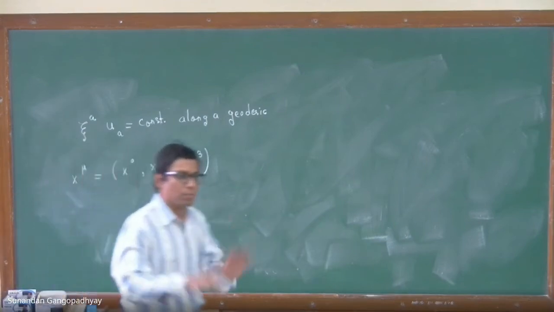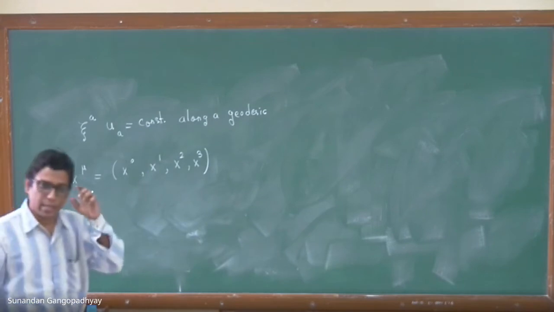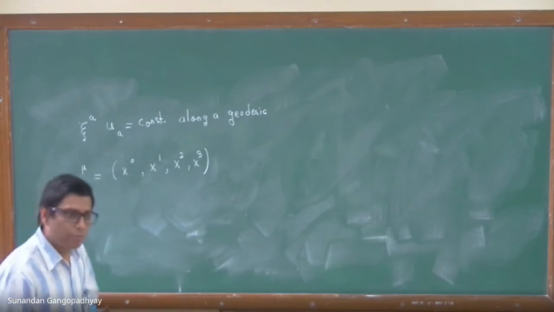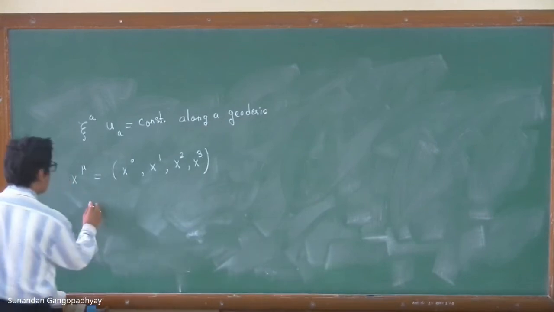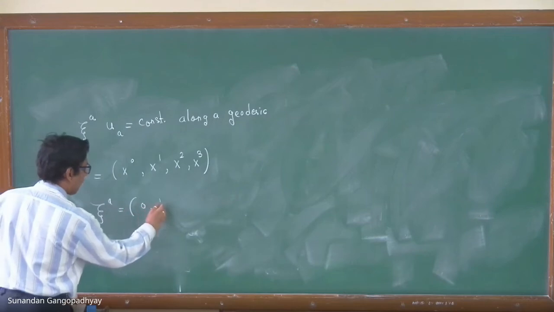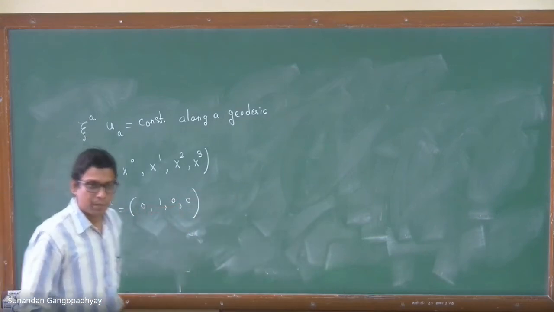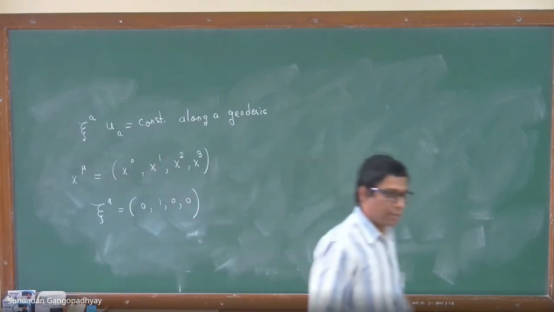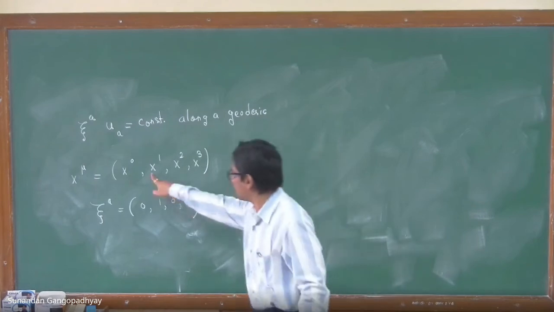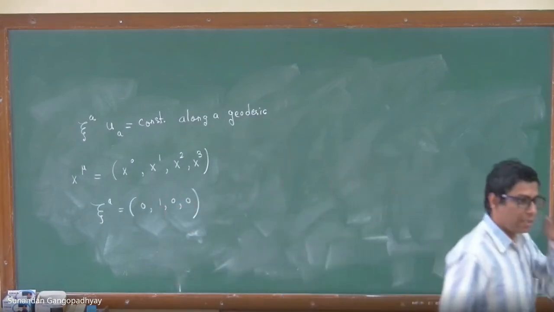So what does that mean? If I move along the x1 direction, then the metric does not change. So what will be my killing vector? In that case, my killing vector will be 0, 1, 0, 0. This is my killing vector. This is the x1 direction, the second slot. If I move along that direction, the metric does not change.